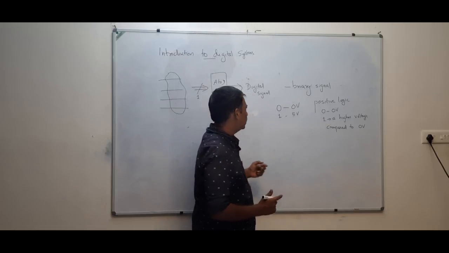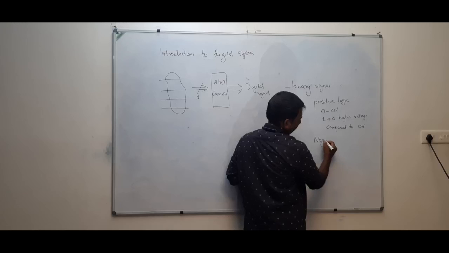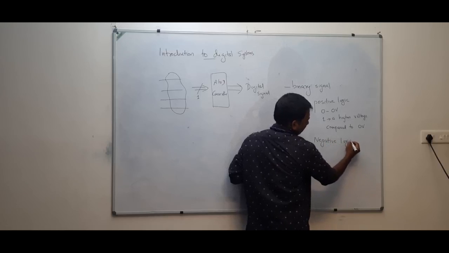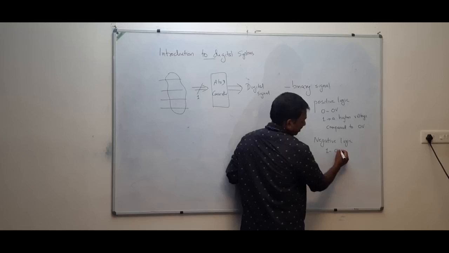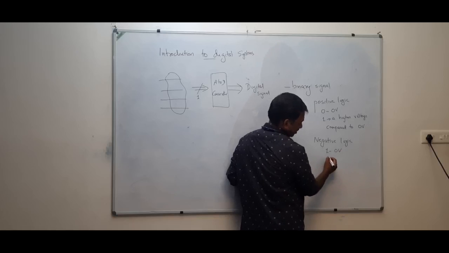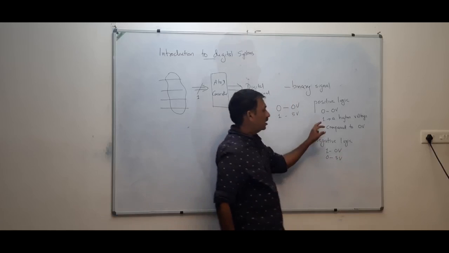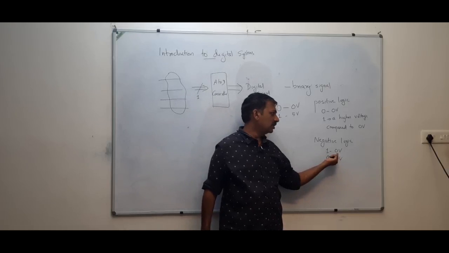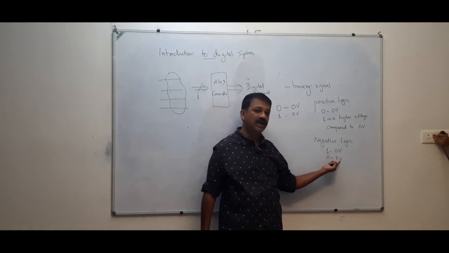If you are using negative logic, usually 1 is represented by 0 volt and 0 is represented by, say, 5 volt. That means here 1 is represented by a lesser voltage and 0 is represented by a higher voltage.